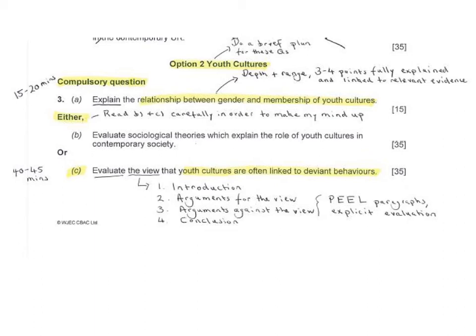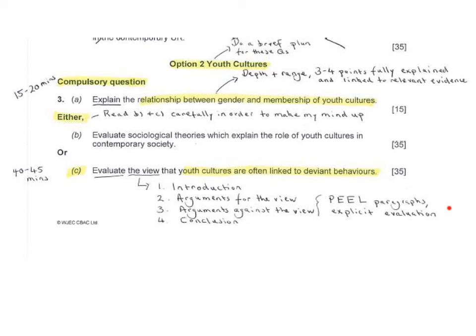Any question that starts with the command evaluate the view, I'd be thinking a way of planning that question would be to adopt this 4-part essay structure, consisting of an introduction, arguments and evidence that support the view, arguments and evidence against the view before drawing a conclusion.